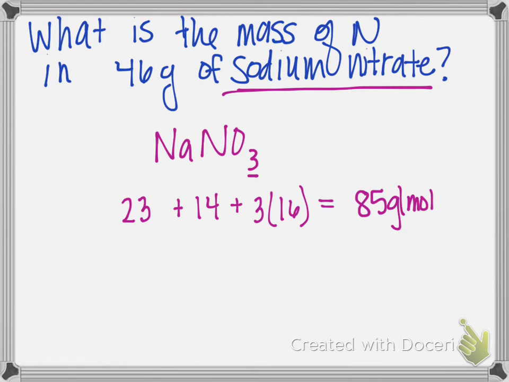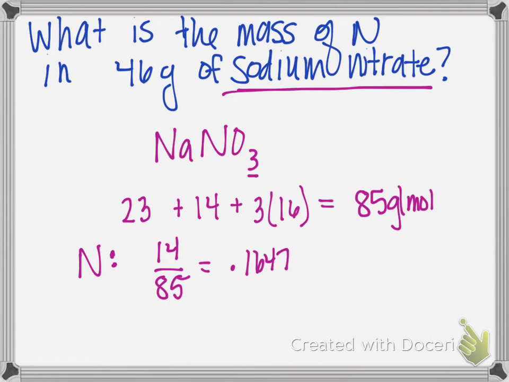And so now I'm going to find out what's the percentage of just nitrogen in that. 14 divided by 85. And I'm going to leave it as a decimal here because I know I'm going to end up taking that times your sample size. So 14 divided by 85 is 0.1647, or roughly 16.5%.